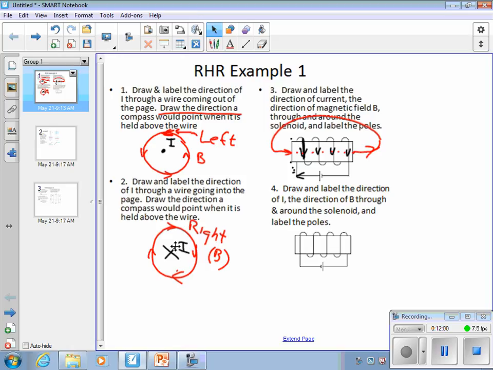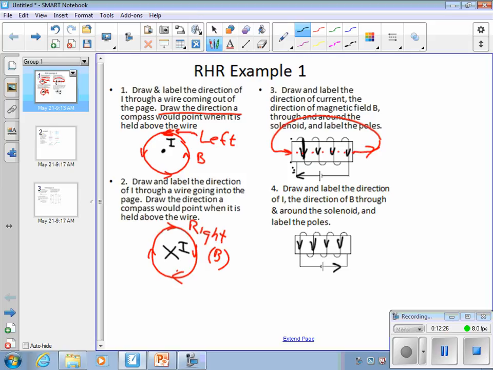Okay, number 4, similar situation. You say, oh, but look at this. The current is going this way, right? So I bet the magnetic field is the other way, right? Not so simple, right? Okay, look at that.